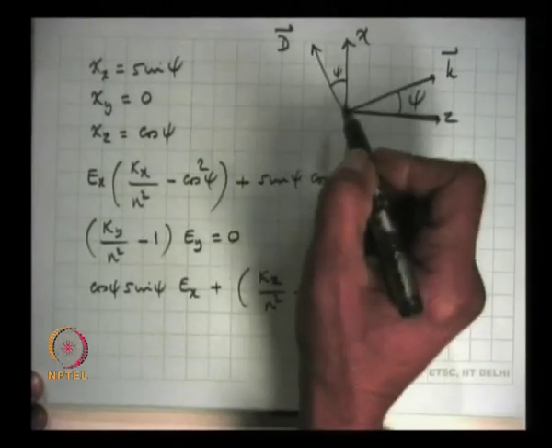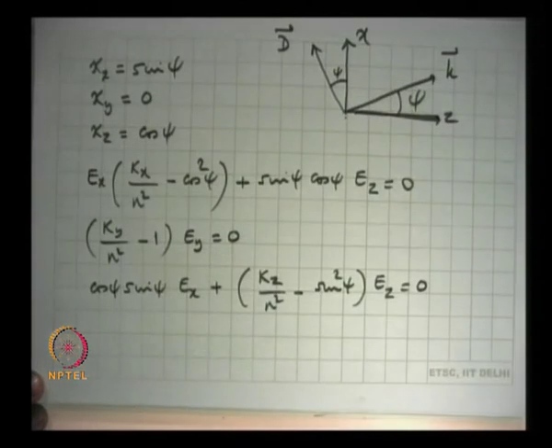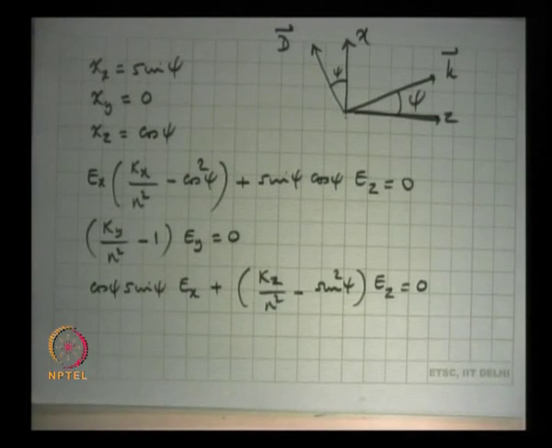So, Dz by Dx is minus tan psi and that is the direction of the D vector, and it is expected because the D vector has to be perpendicular to the k vector. I need not have derived like this, but I know the D vector will always be perpendicular to the k vector.